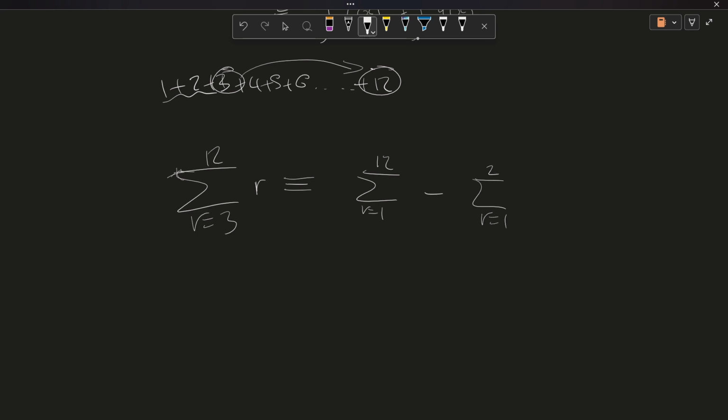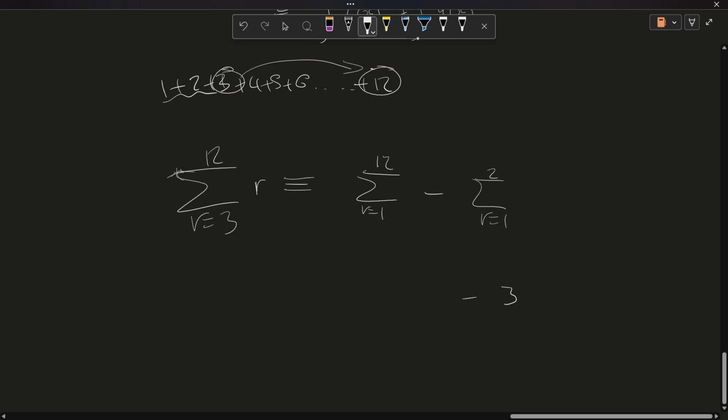We're doing the whole sequence, take away this small portion to give us this larger portion, which we were asking for, so from 3 to 12.